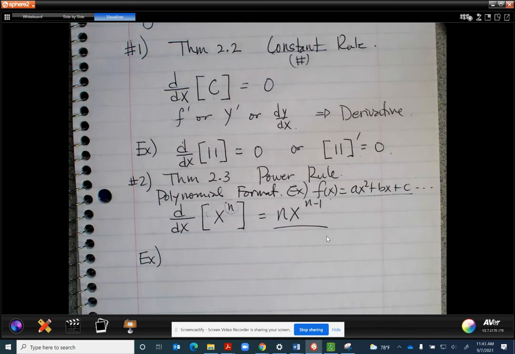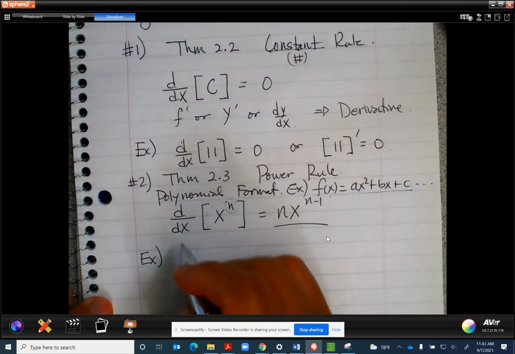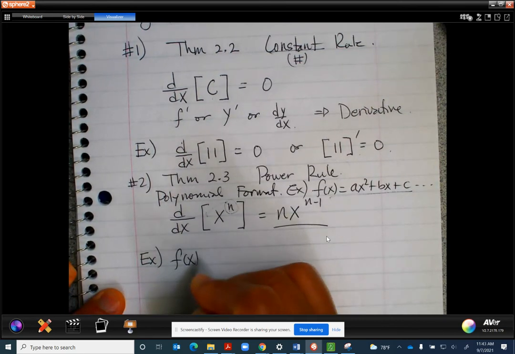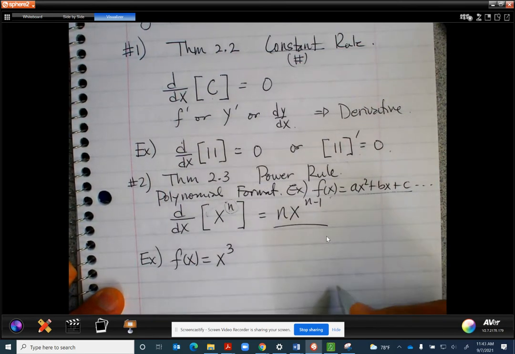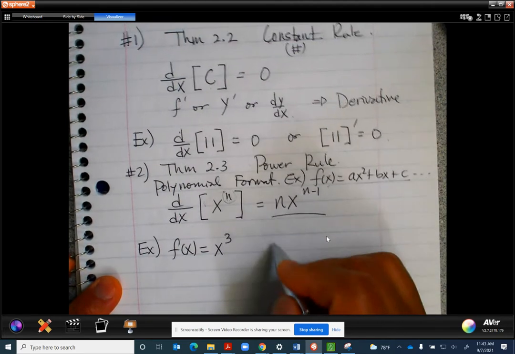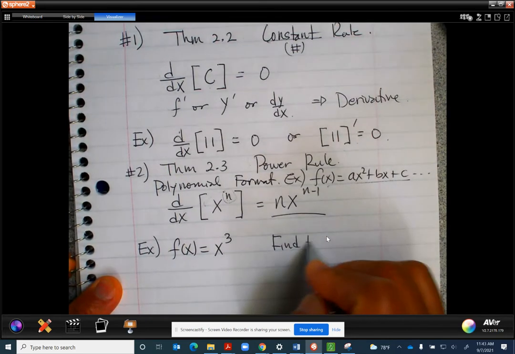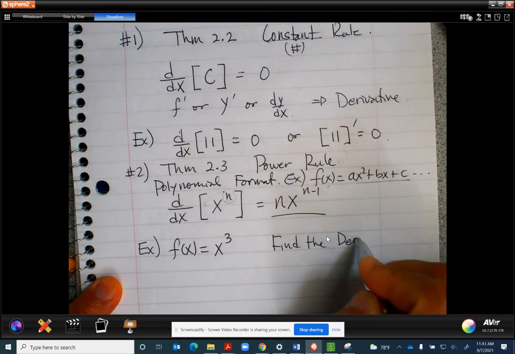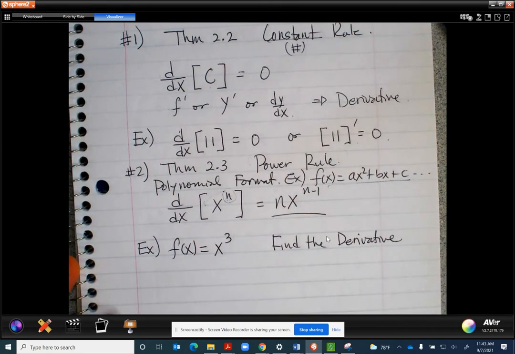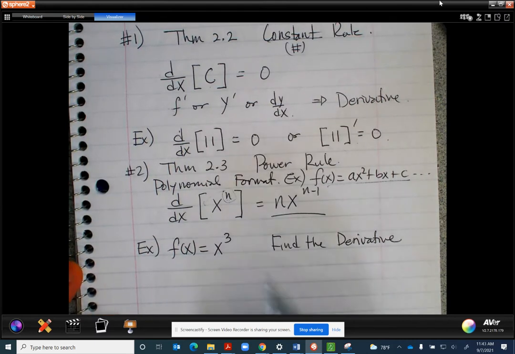Alright, so here's an example. Let's say we have f of x is equal to x to the third power. We want to find the derivative. Alright, let's try to use this rule. There is a power right here.